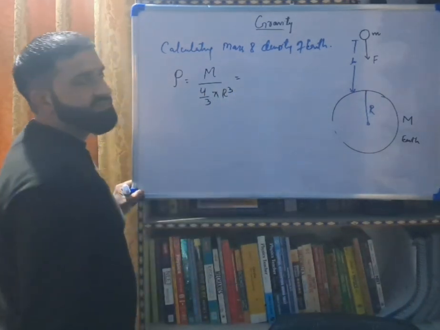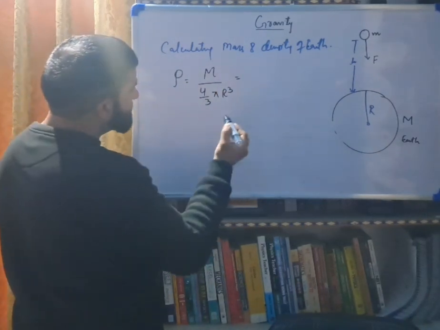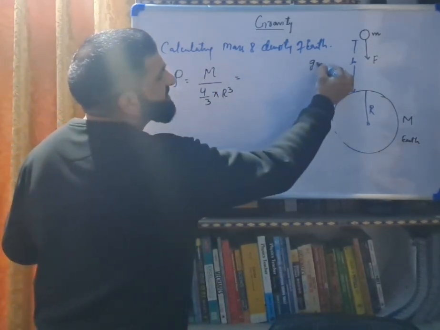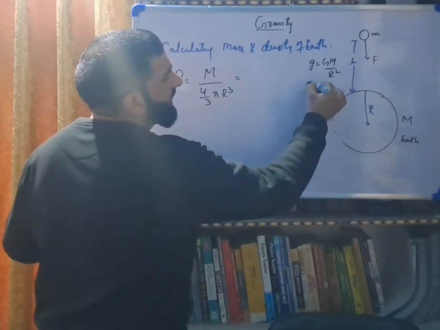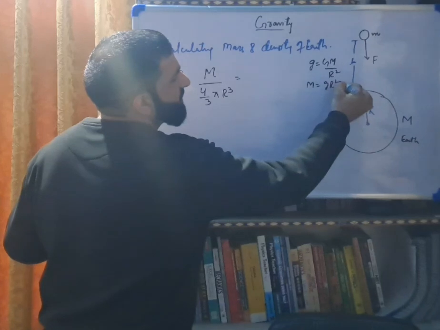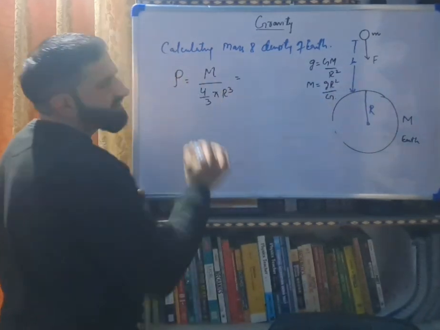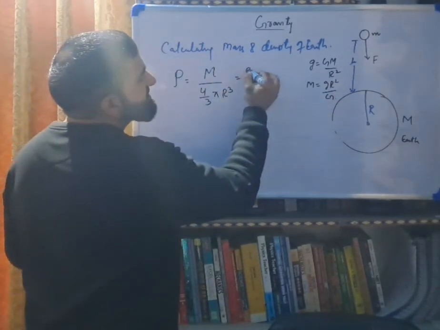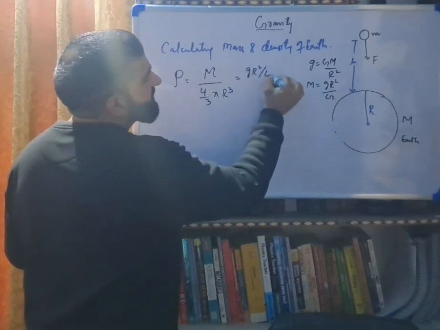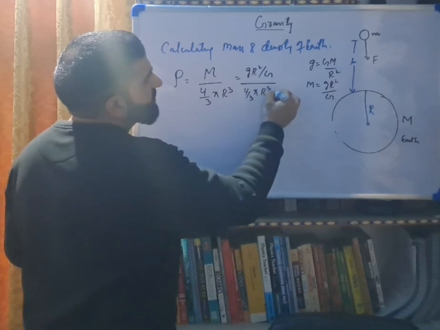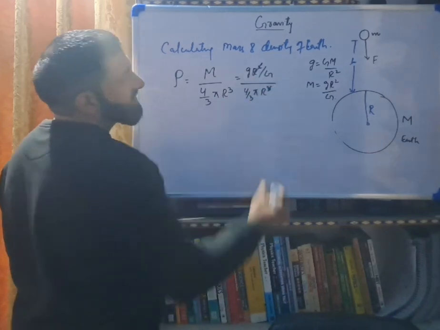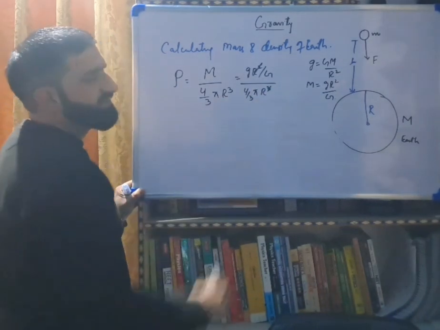Now as M is calculated from g, we know that g is equal to GM divided by r square. So M is equal to g r square divided by G. Taking the value of M here, g r square divided by G, divided by 4 by 3 pi r cube, r square cancels and we are left with 1 by r.